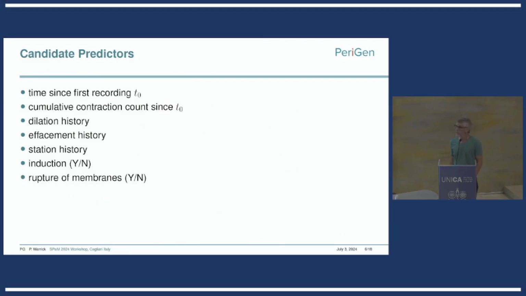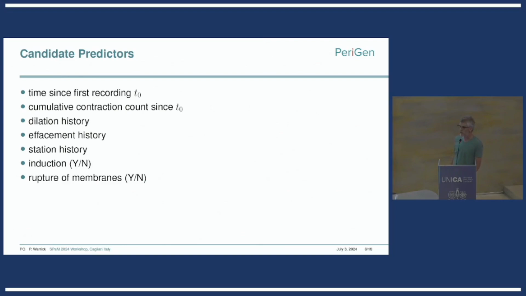So in our model, we had these candidate predictors to come up with a prediction of the dilation and the station. I'll talk about that a bit later. I'll just focus on the dilation prediction first.